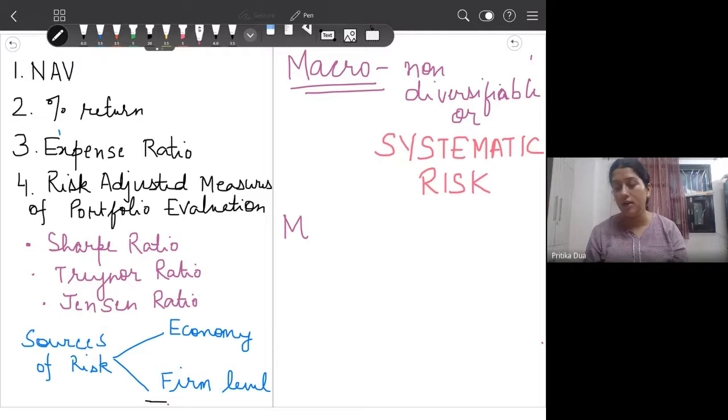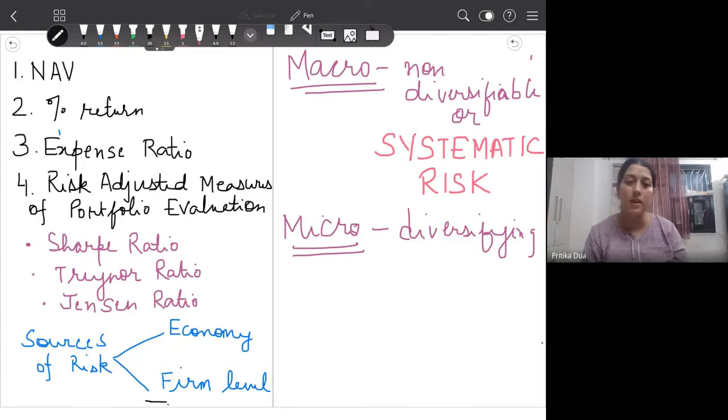On the other hand, a firm-based risk: so there is a problem with a specific firm, there is labor unrest there, because of that production has halted, and it is impacting its activities and its earnings. Such a risk you can avoid by avoiding that firm in your portfolio, or by diversifying, moving to more and more securities in your portfolio so that the risk associated with a single firm dilutes.